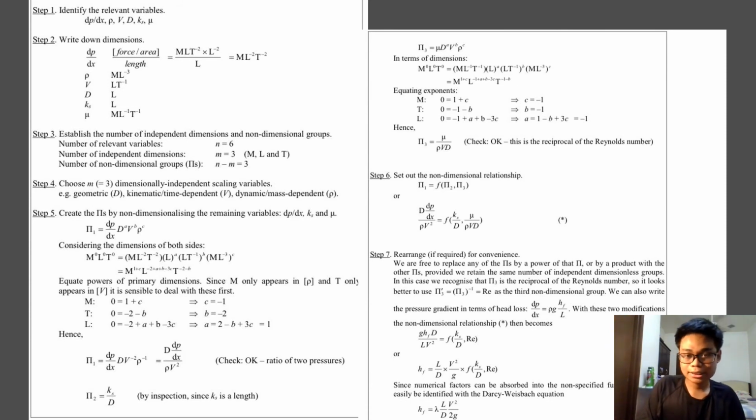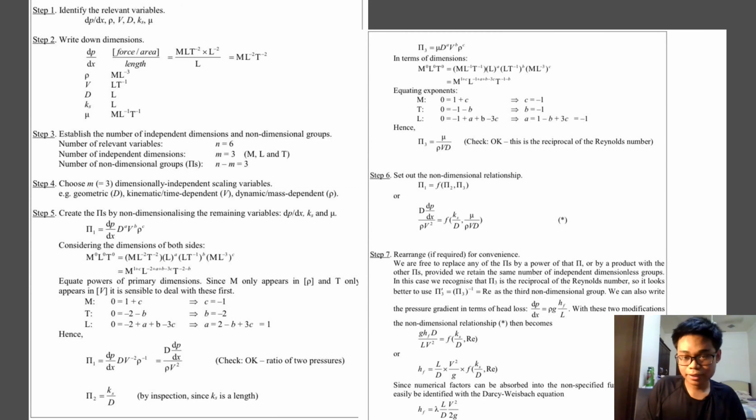After we have done the calculations, we can move on to step 6, to set out our non-dimensional relationship. In this problem, we set pi 1 equals f of pi 2 and pi 3. So we will have D dP/dx over rho V squared equals f of k over D and mu over rho V D.